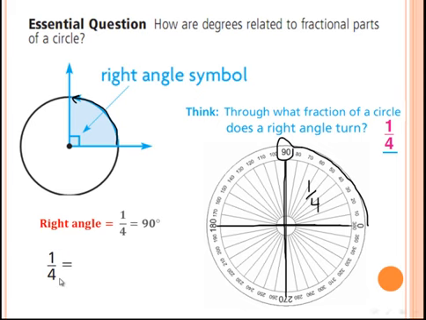Now let's calculate it in a mathematical way. 1/4 equals how many parts over 360? Of course we count them: 90 parts, 90 degrees. Degrees means parts over 360 parts.